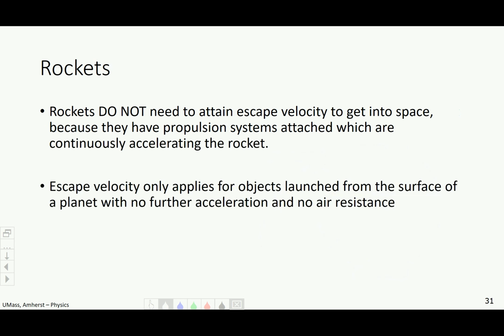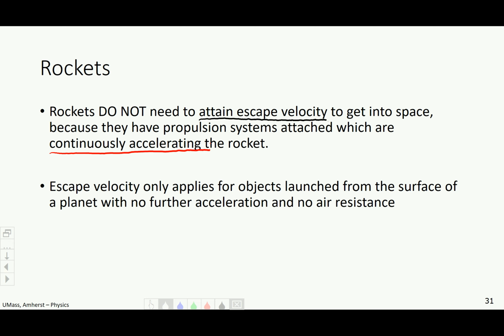So when we talk about rockets, rockets don't actually need to attain escape velocity at their launching, because they have propulsion systems attached which are continuously accelerating while it's going up through the atmosphere. When you launch a rocket, you don't just give it some initial speed and then let it do its thing. You're continuously accelerating that rocket through the atmosphere.